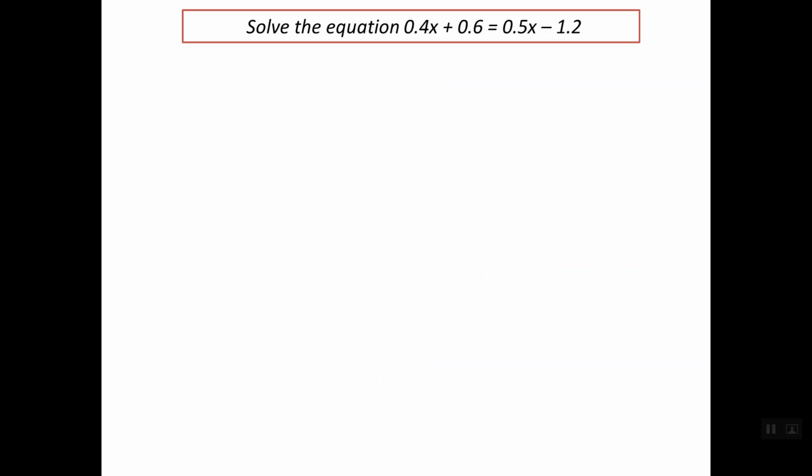The second equation we have is 0.4x plus 0.6 is equal to 0.5x minus 1.2. See that we have four decimals here. So this is the equation.